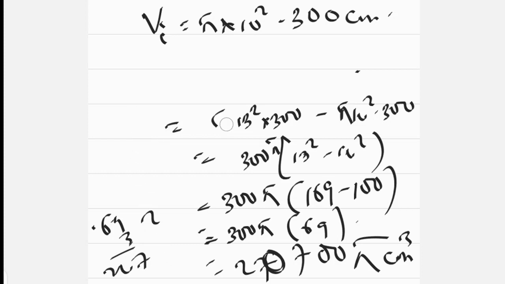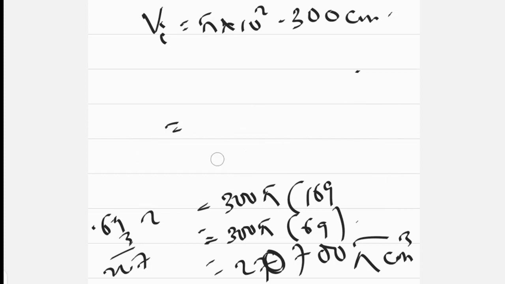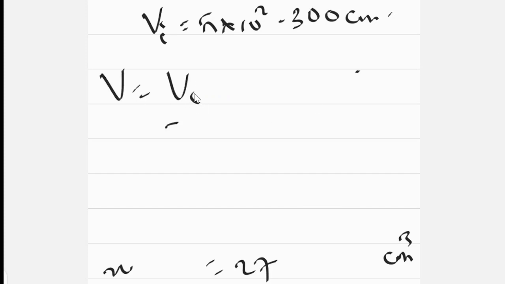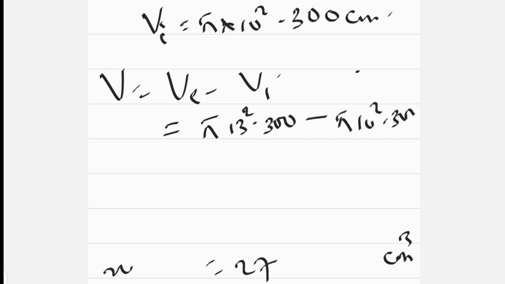The volume of the metal is the external minus internal: pi 13 squared multiplied by 300, minus pi 10 squared multiplied by 300.